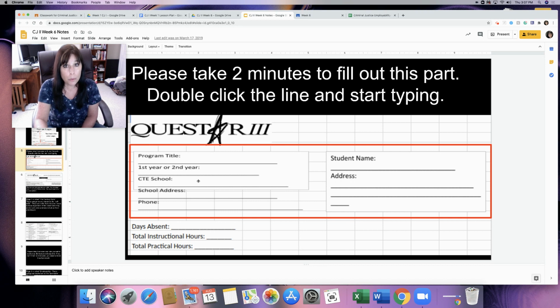Remember, Roman numeral 3, not the number 3. Questar 3. School address is 35 Colleen Road. Make sure you spell it right. Colleen Road. And if you abbreviate, it's capital RD period. Your phone number, your name, that's a big part, and your address.